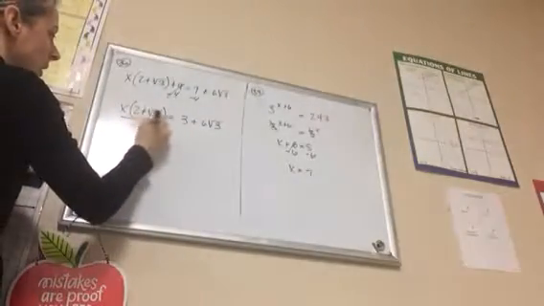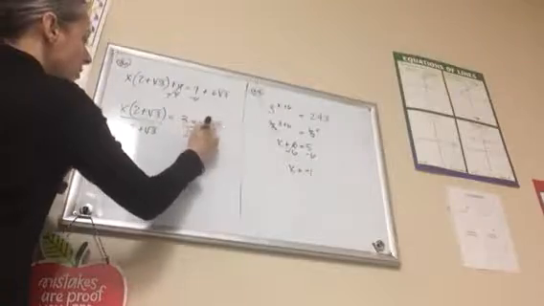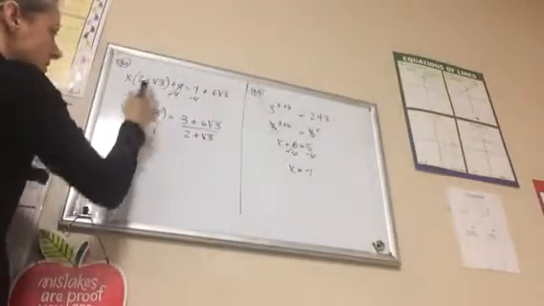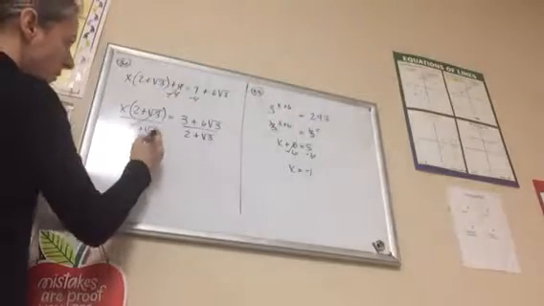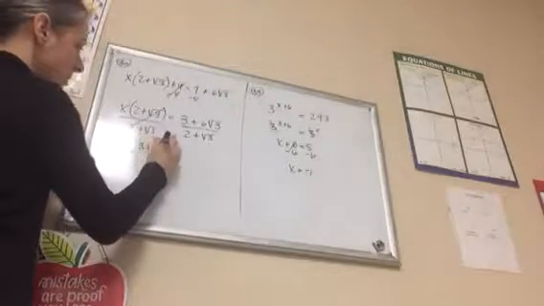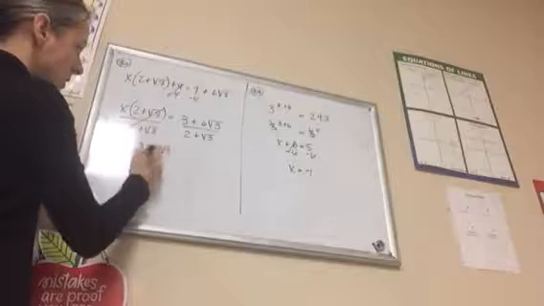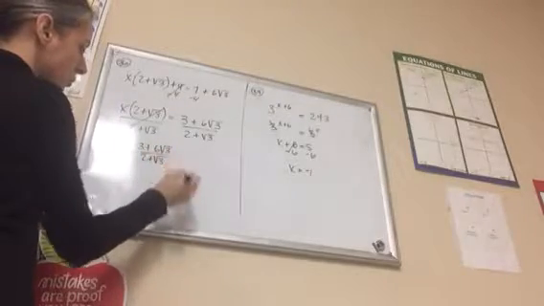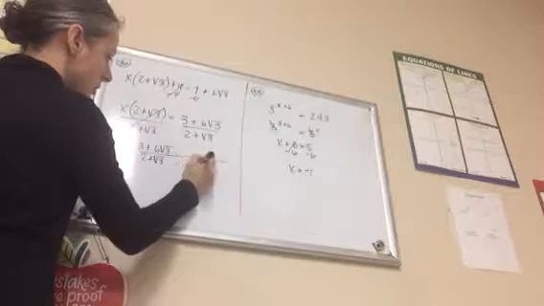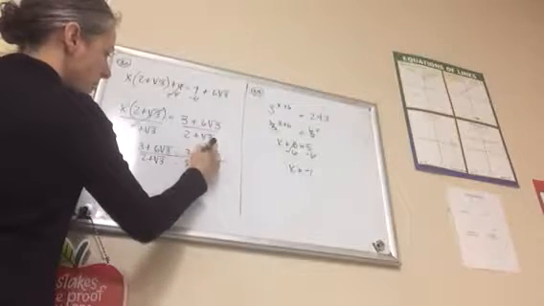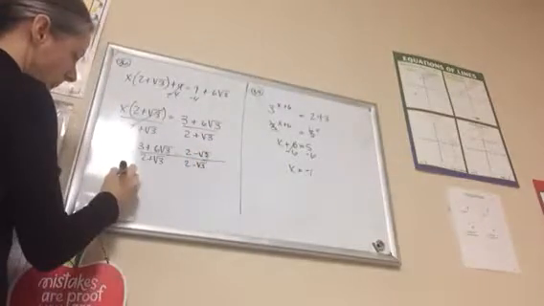Then we can divide both sides by 2 plus the square root of 3. So now we have x equals 3 plus 6 square root of 3 over 2 plus the square root of 3, which requires rationalizing our denominator by multiplying by a conjugate.